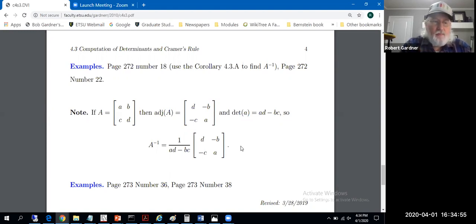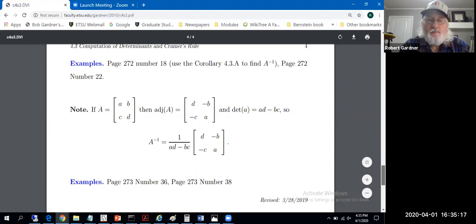There's a pile of theory behind it, adjoints and determinants and all that stuff we've just recently done. I could shortcut, take this and multiply it by matrix A and see it really is an inverse. You've seen this before, but there's a justification of it in terms of adjoints.